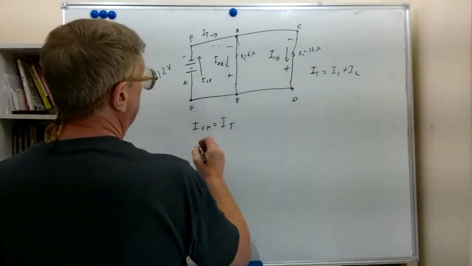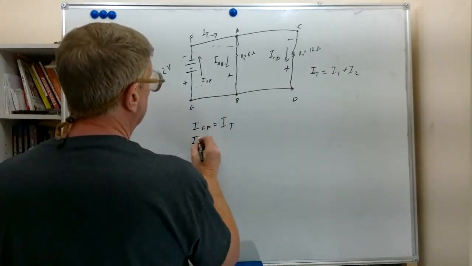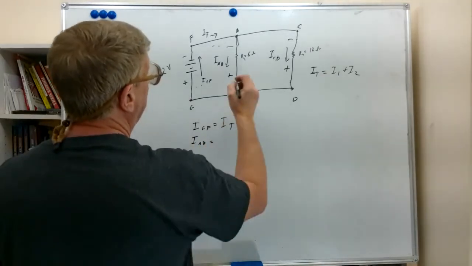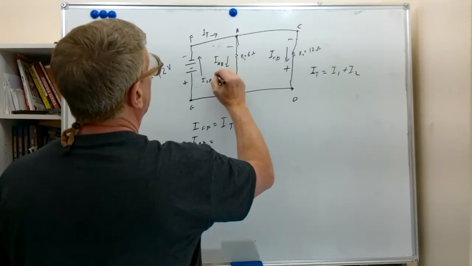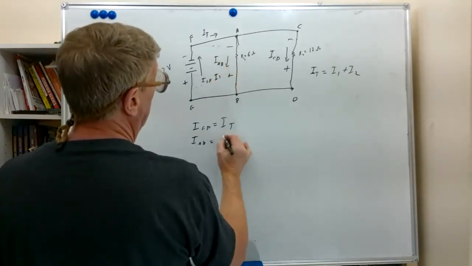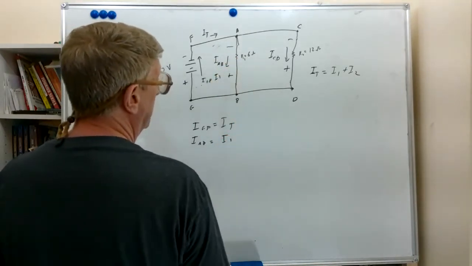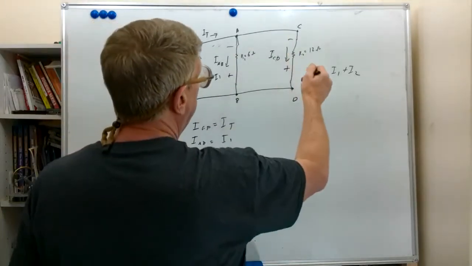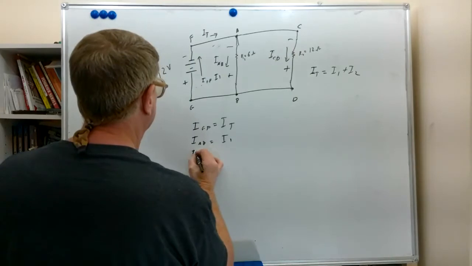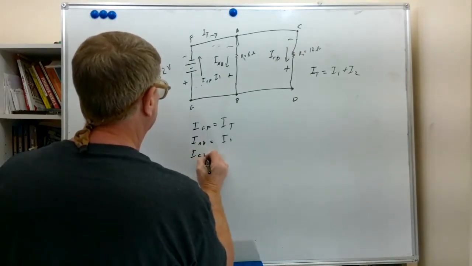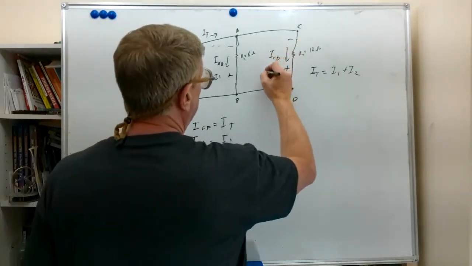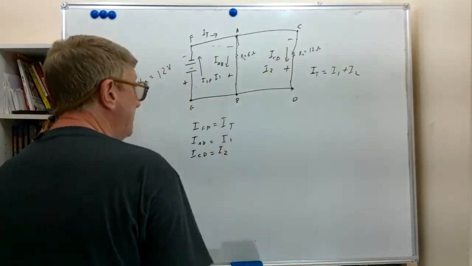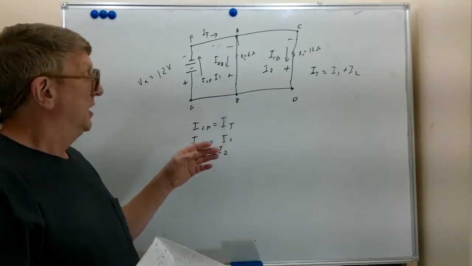Now our new nomenclature here, I A to B, that's the same thing as what we were calling I1 before. I'll relabel that as I1. IC to D is the same as what we called I2 before. I'll put the old label back up here. You can see that these are the same currents.